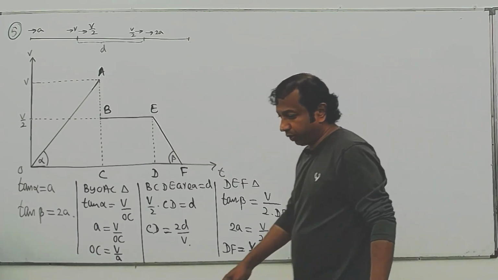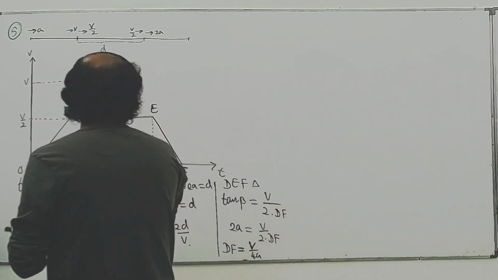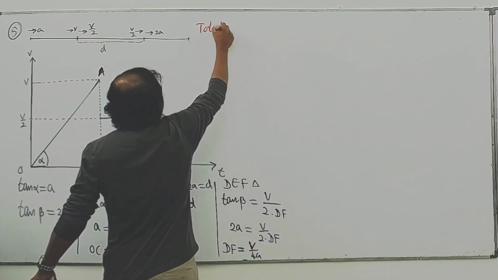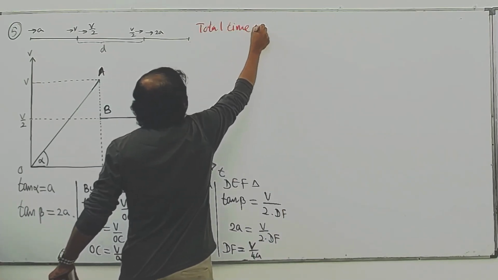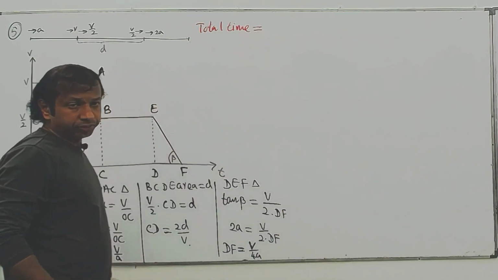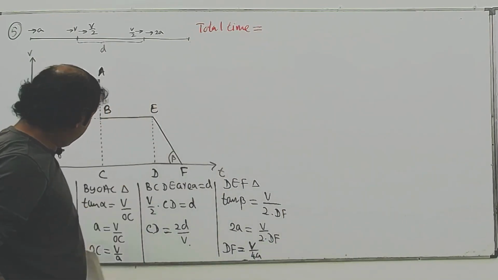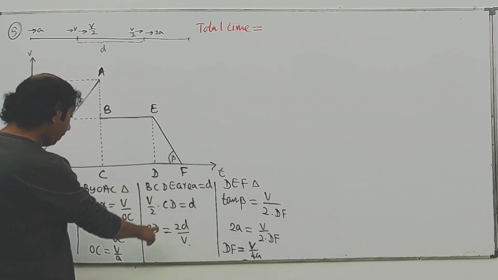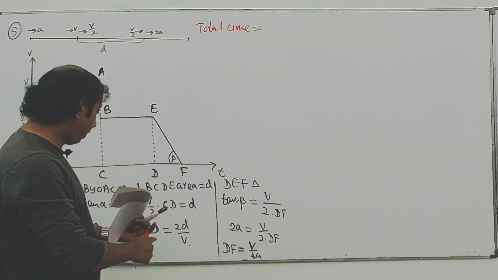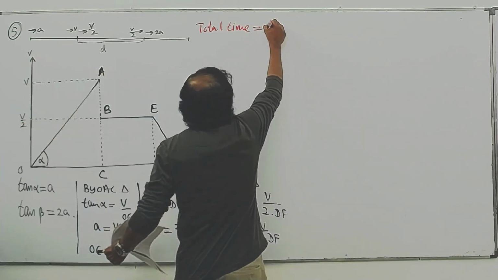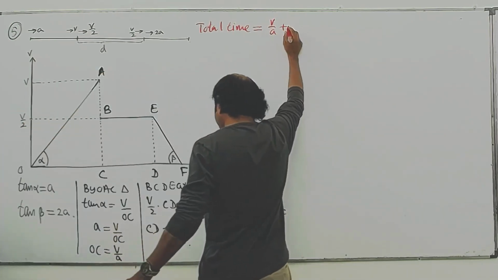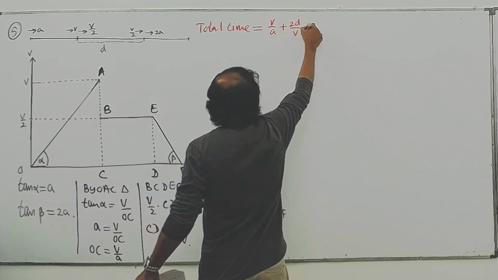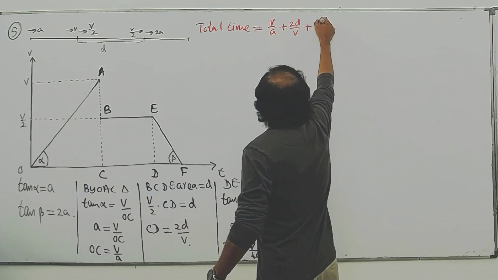Total time, therefore, you can write: sum of these three, no, people, right? V upon A, this, plus CD, 2D over V, plus V over 4A. V upon A plus 2D upon V plus V upon 4A.